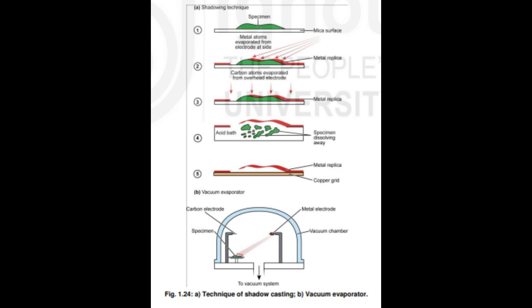1.4 Summary. Cell biology is the branch of biology that provides information about cell structure and function. A combination of microscopic and biochemical techniques has enhanced our knowledge and understanding of cell structure and function.